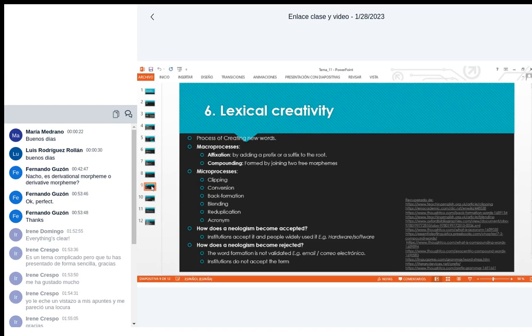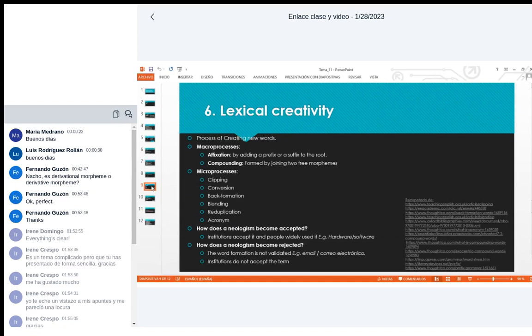Now, the micro processes are called micro because it's just making words shorter or modifying the words into more or less quantity of words.